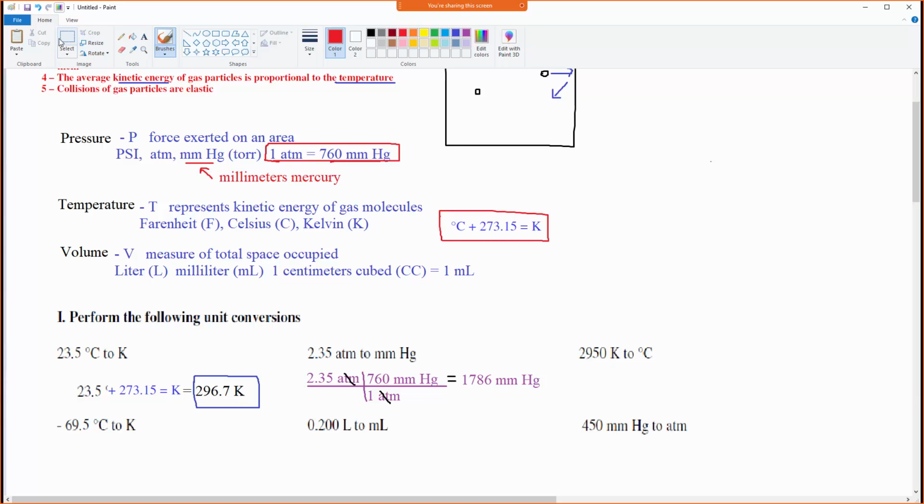Okay, so we're going to plug into this equation, and we've got 2950 K, so we'll put that right here. Now we solve for degrees Celsius. To do that, I'm going to subtract 273.15 on each side.